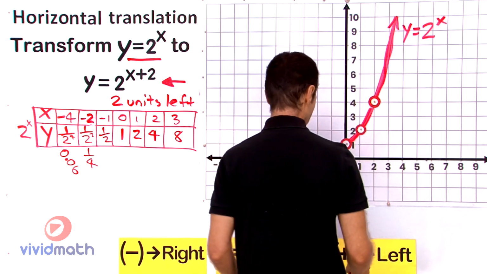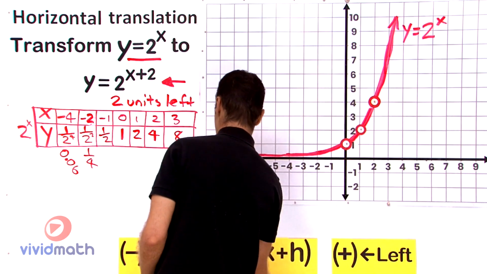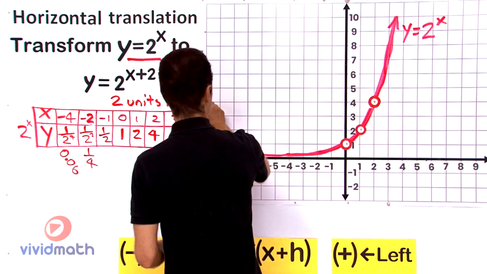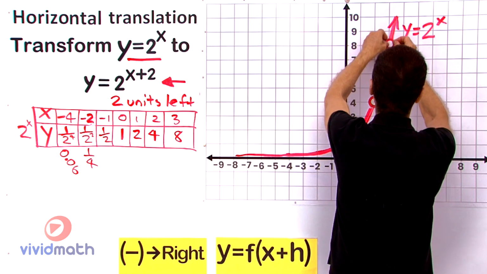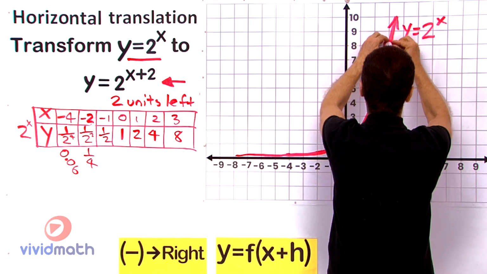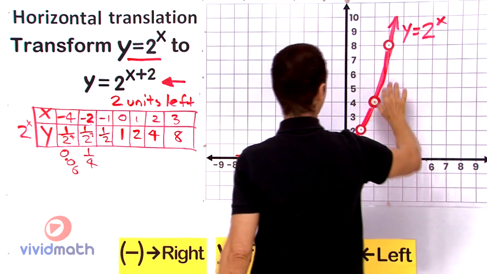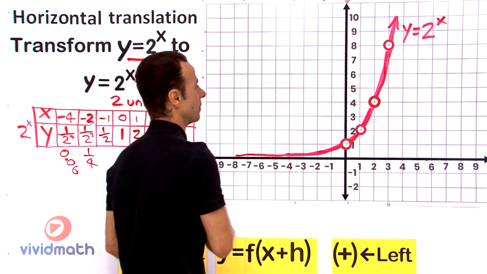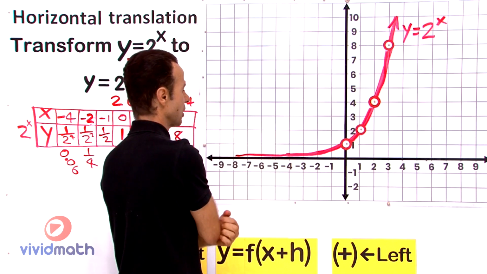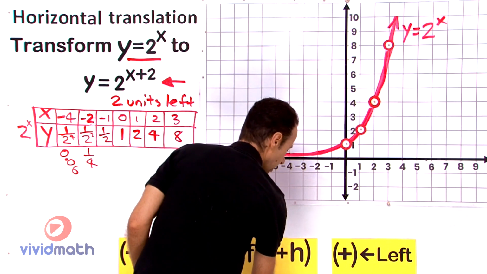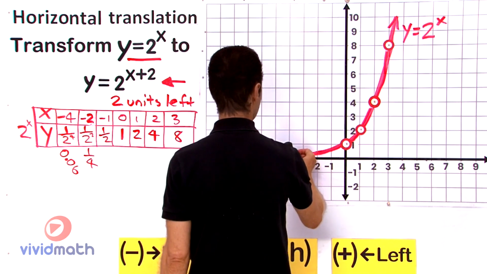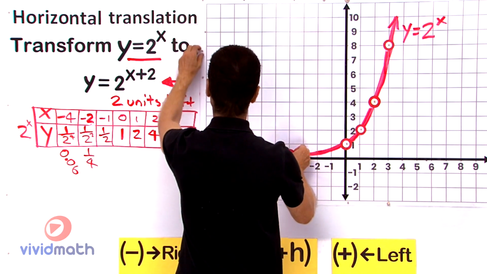And finally, we have 3, 8. That's going to be right here. There we go. That's our exponential curve. Maybe there's one I can add over here. Right there.